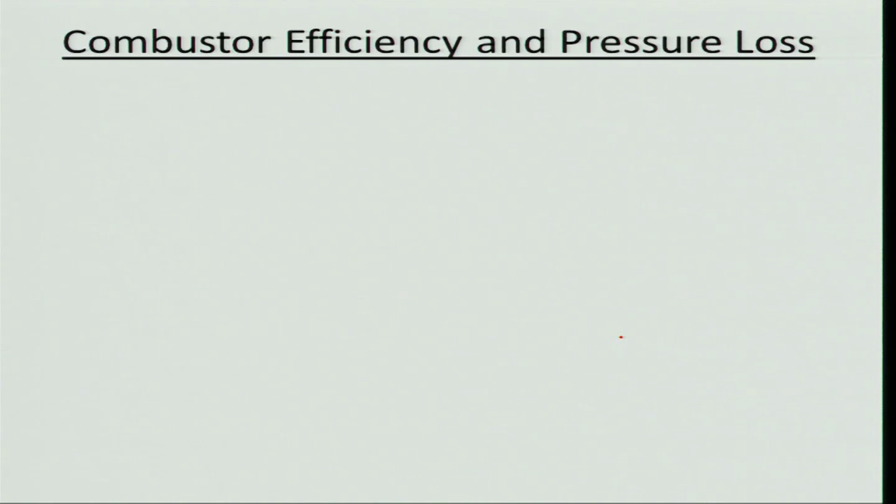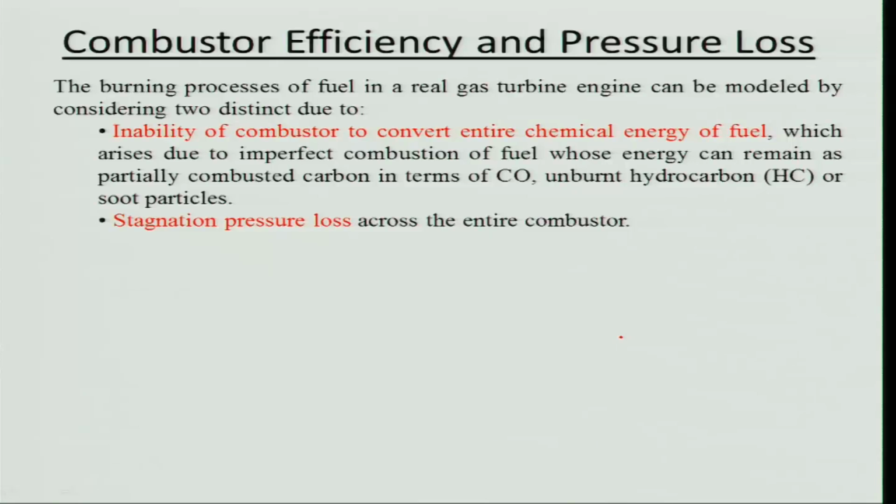Now we need to look at the combustor efficiency and pressure losses. Keep in mind that whatever analysis we have carried out to take care of the losses in various components, air intake, compressor and turbine, we will be using in real cycle analysis, along with combustor efficiency and pressure losses.